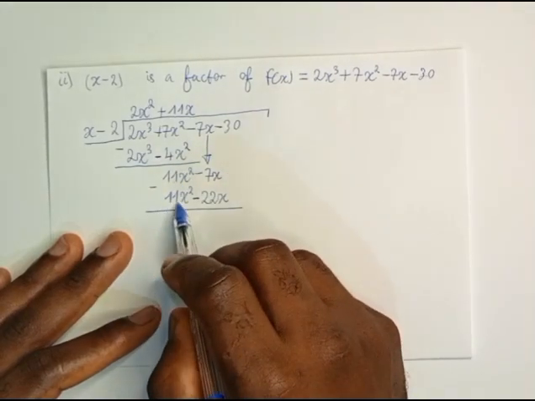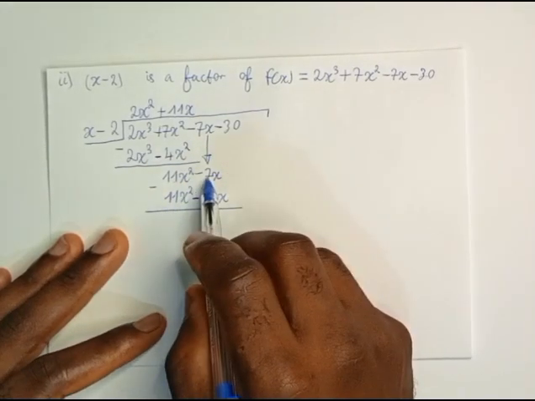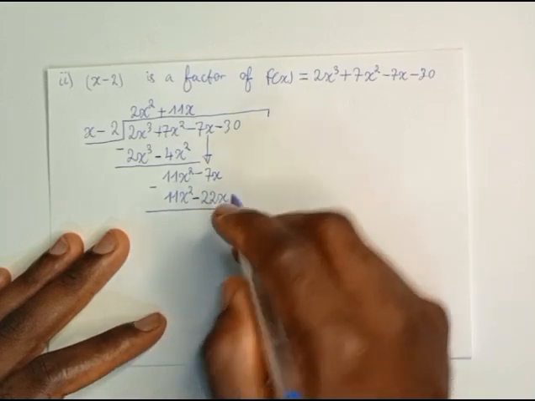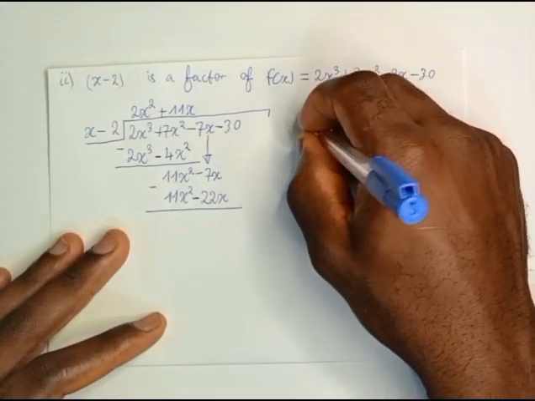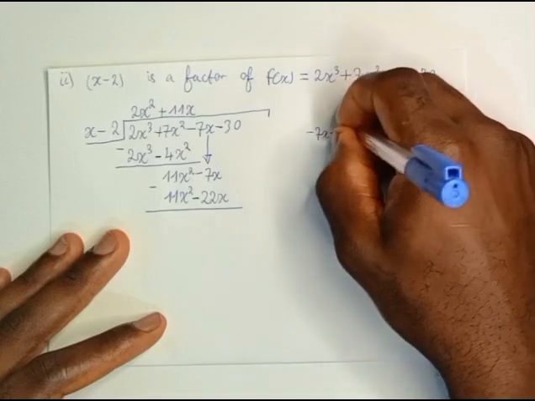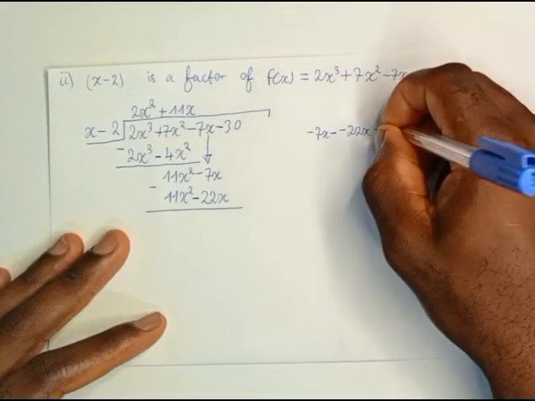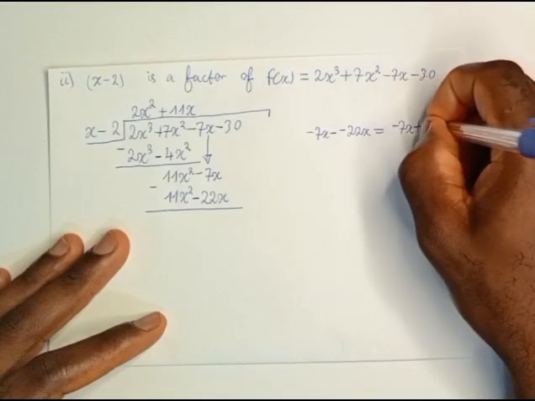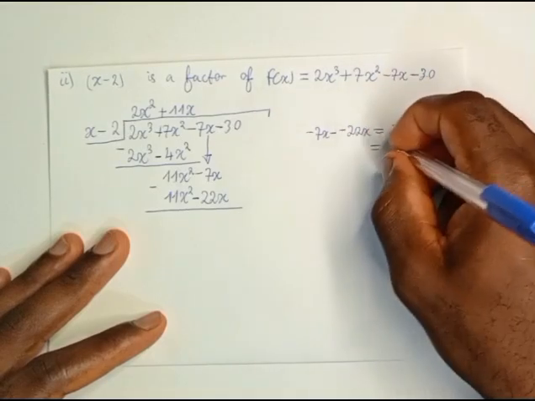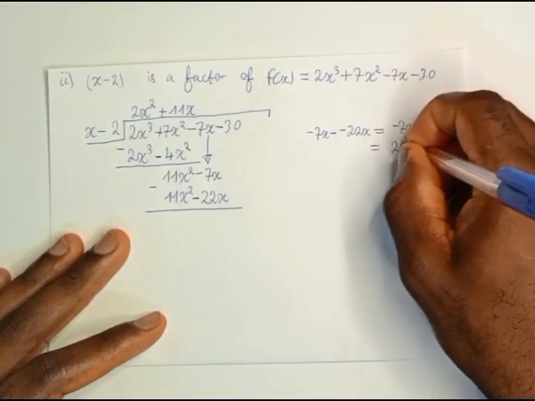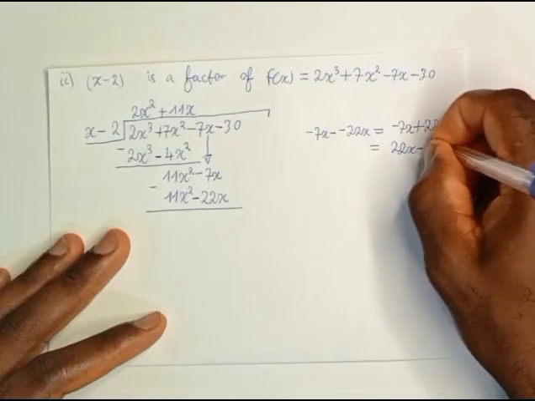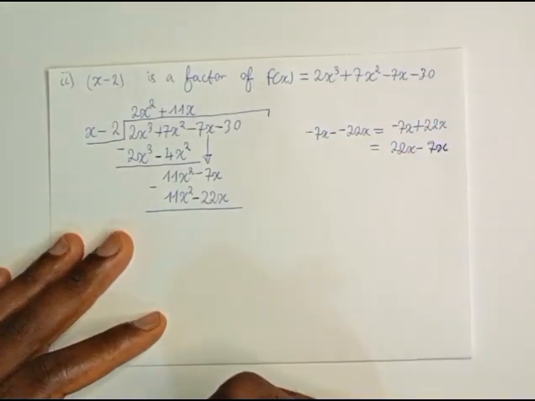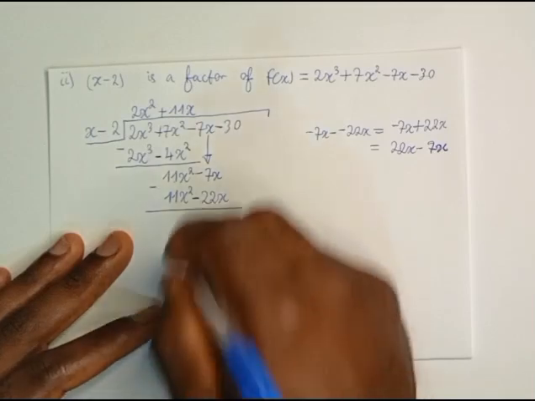11x squared minus 11x squared gives 0. Negative 7x minus negative 22x is the same as negative 7x plus 22x, which is the same as 22x minus 7x, and this will give us 15x.